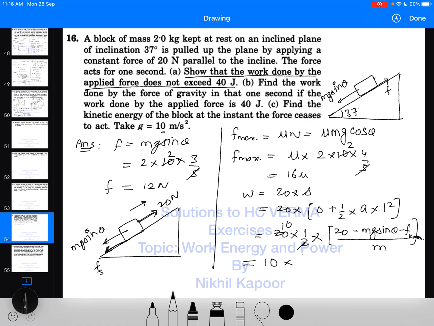So work done will be equal to 10 into 20 minus 12 minus 16 mu whole upon given mass is 2 kg. So that would be 2 5s are 10. Now let's multiply 5. So 20 minus 12 will be 8, and 5 8s would be 40, minus 16 mu.